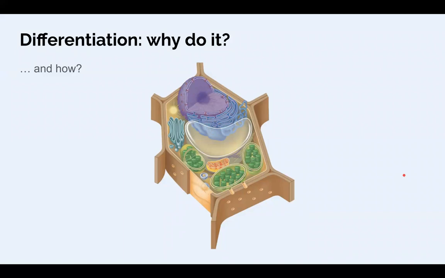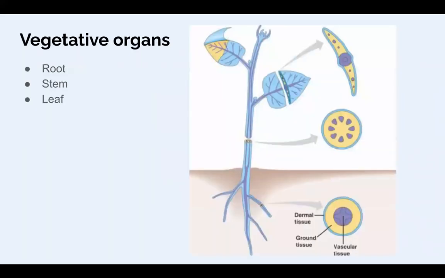And then this other question: how? How do you take on a different shape, chemical composition, and so on? We'll see some of these processes at work and focus on the end results of what happens after they've differentiated.